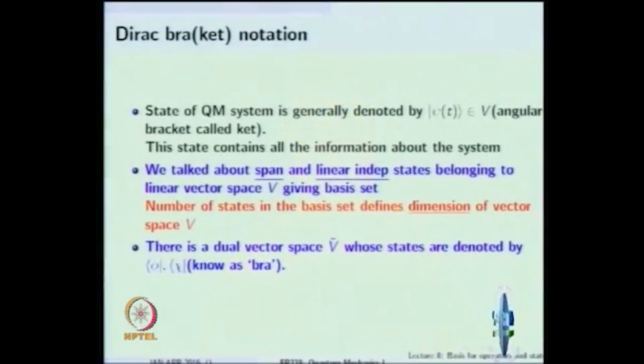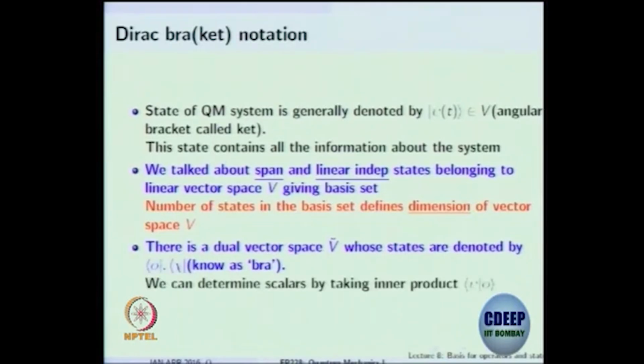As an example, we were looking at the three-dimensional space, but you can do it in a general and abstract space. Then we talked about a dual vector space, which we denote as V tilde. The states in this V tilde are given by a different angular bracket and are called bra. This is the Dirac bracket notation which we are going to follow exclusively.